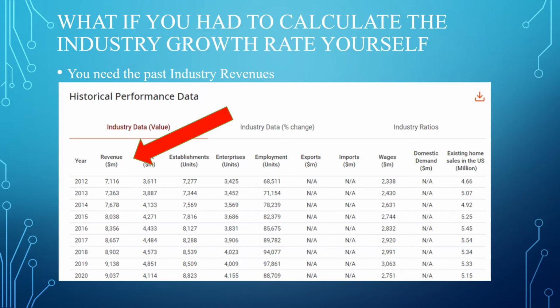Now, the previous year's estimates are fairly accurate because they're based on now historical data rather than trying to estimate current or future data. So you can see here that for instance, from 2015 to 2020, the industry grew from $8 billion to $9 billion.